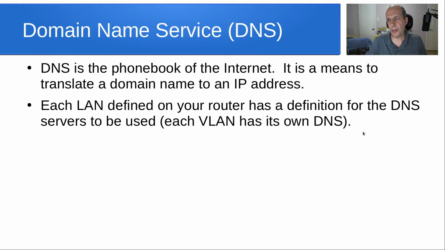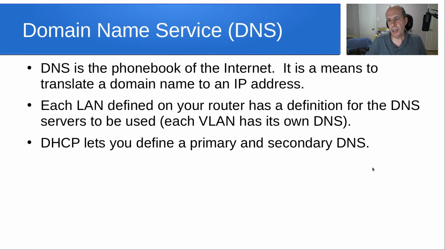They can be different if needed if you have a VLAN configuration. DHCP doesn't just assign an IP address to the client requesting an address, it can also assign a primary and secondary DNS server to look up its names on.